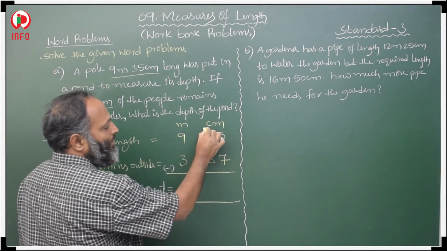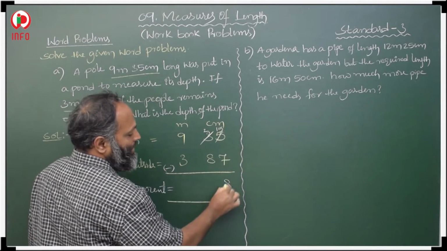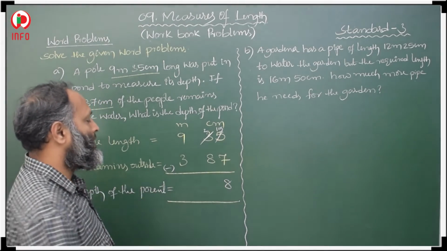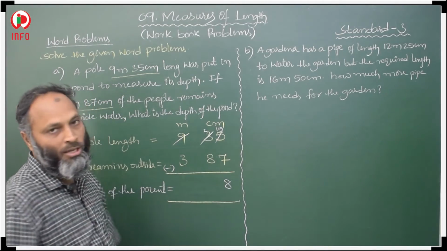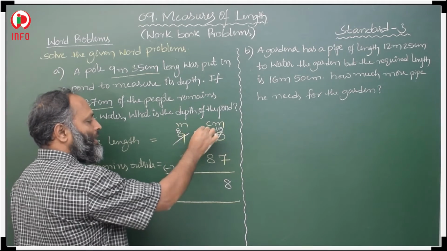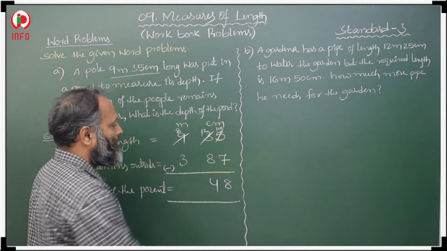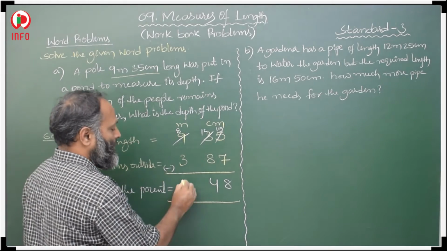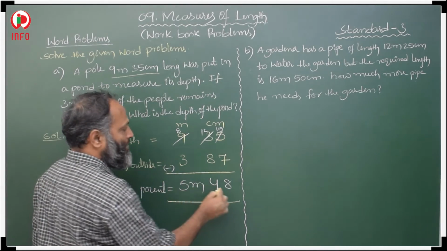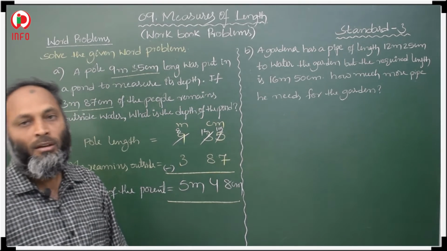Here it will decrease by 1, here you will increase by 10. 15 minus 7 is 8. 2 minus 8, again smaller minus bigger, so we take borrow from the next. Here it will decrease by 1, here it will increase by 10. 12 minus 8 is 4. 8 minus 3 is 5. 5 meters 48 centimeters. This is nothing but the depth of the pond.